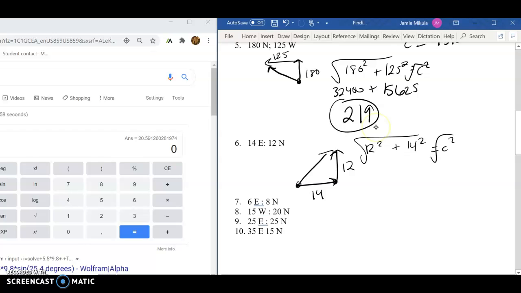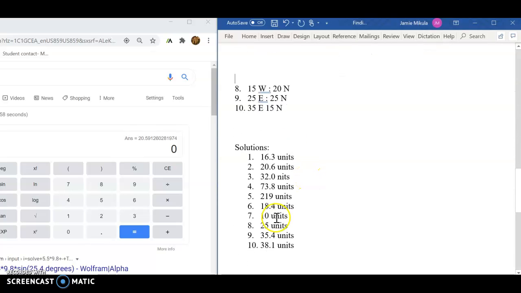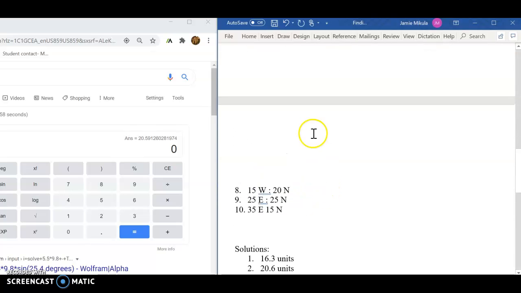Take the square root of both sides. 144 plus 14 squared is 196. Add those two together and take the square root to get 18.4. Let's check our answer, 18.4, very good.